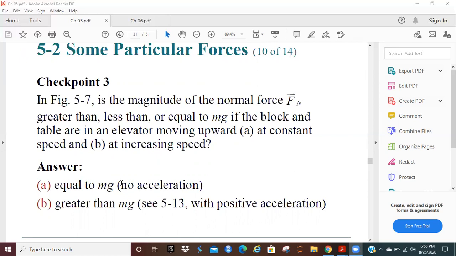Apply more force because it's accelerating up. That's right. And that's why the answer here is greater than mass times gravity. If it were to move down, do you think it would have to apply more or less force? Just less force. That's right. If the elevator were moving down, it would be having to apply less force.